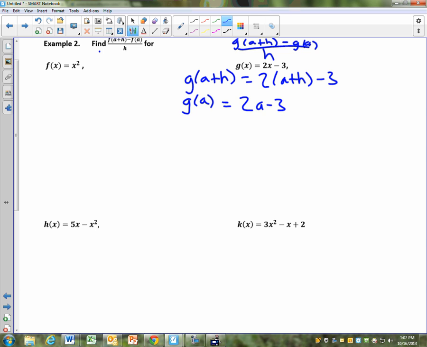Okay, so let's go to work. I've got 2 times A plus H minus 3, so I need to take the top one minus the bottom one divided by H. The top one is 2A plus H minus 3 minus... Uh-oh, I got to subtract the whole thing, so I better put that in parentheses. That way I'll remember to distribute my negative. Divided by H. Cool.